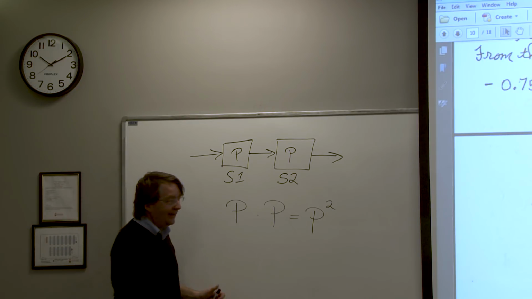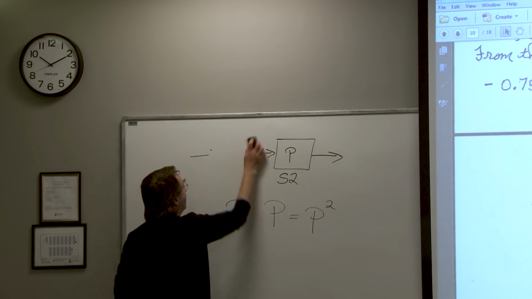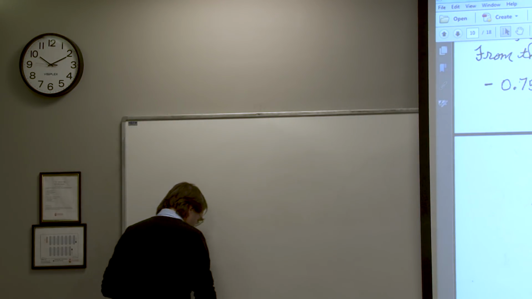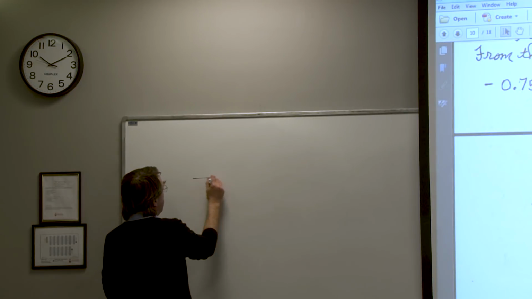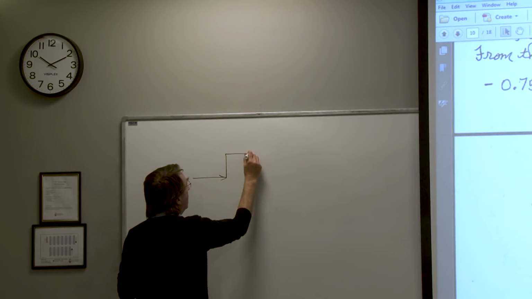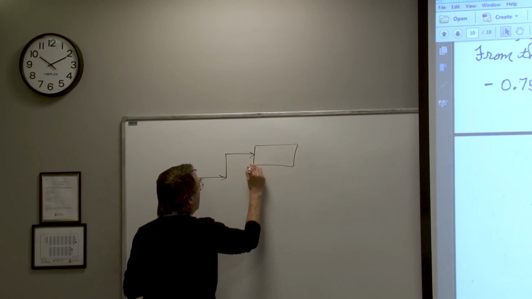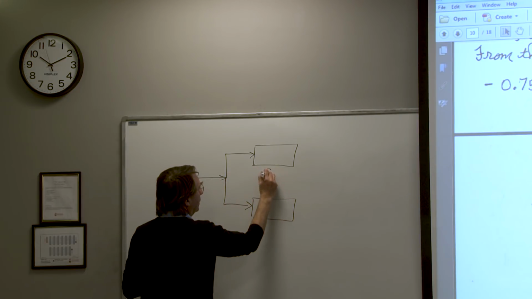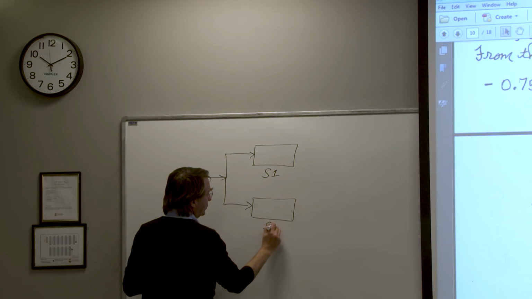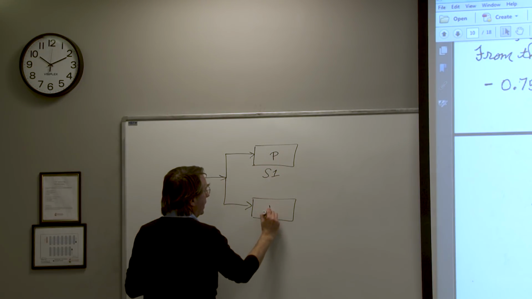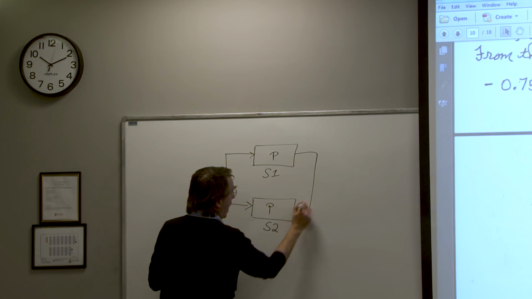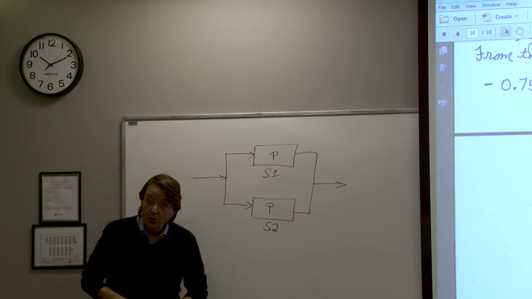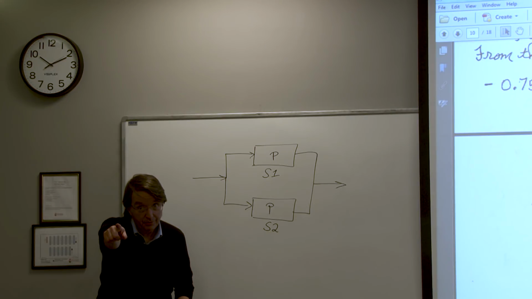We now have 2 sensors in parallel. Sensor 1, sensor 2, each working with a probability of P. Now, there's one way to solve it, but I wouldn't recommend this.